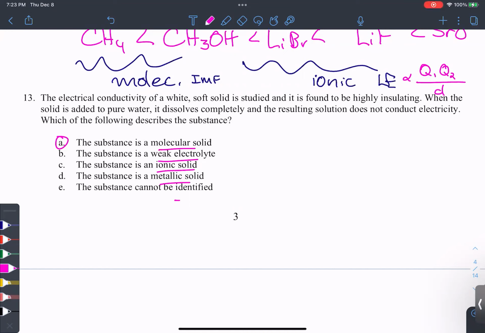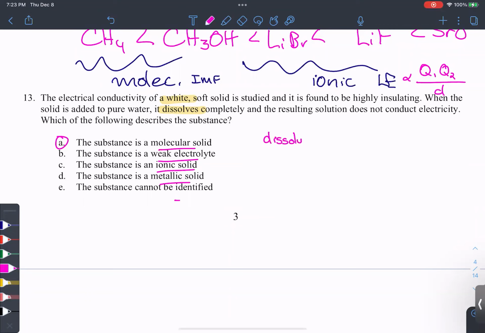We know it's a molecular solid because of what are basically the big traits here that point to a molecular solid. Soft. I mean, it dissolves in water, but there's other things that dissolve in water too. So let's break this down.